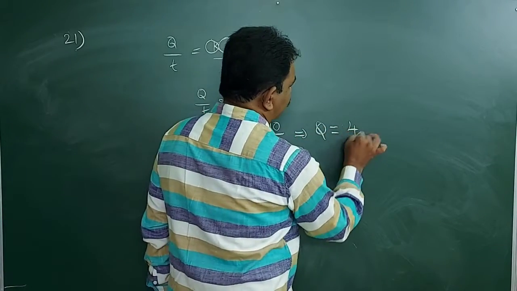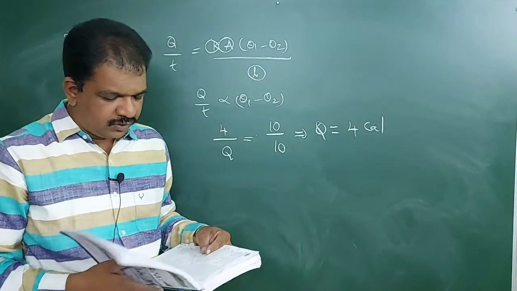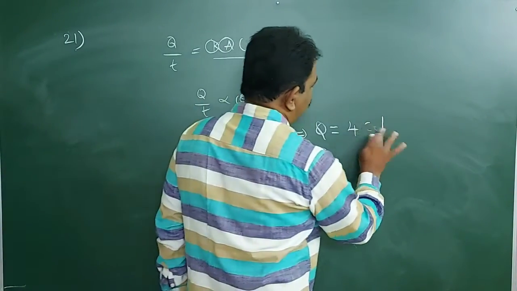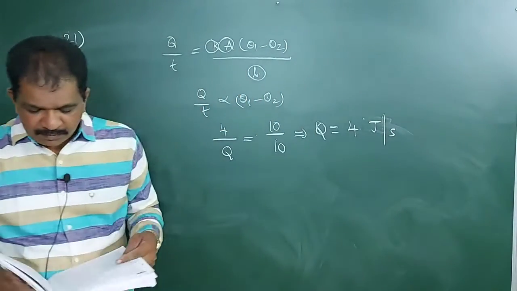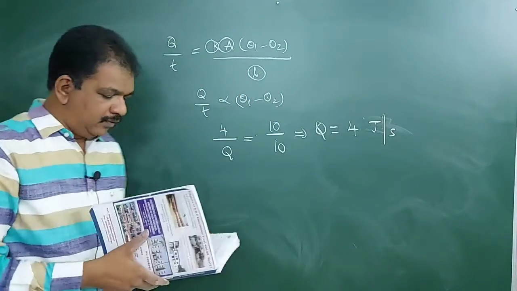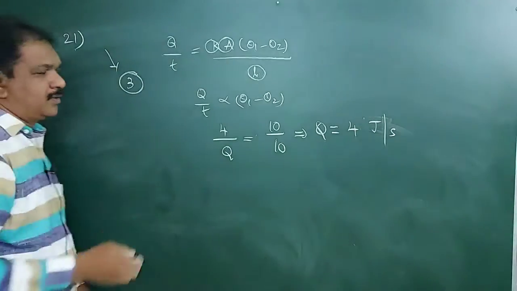Again we get Q as 4 joule per second. So the option for 21 will be the third option.